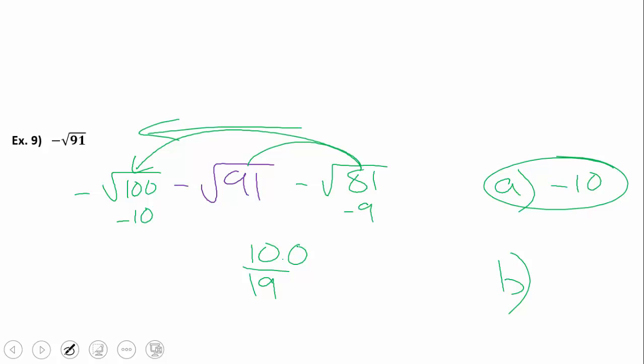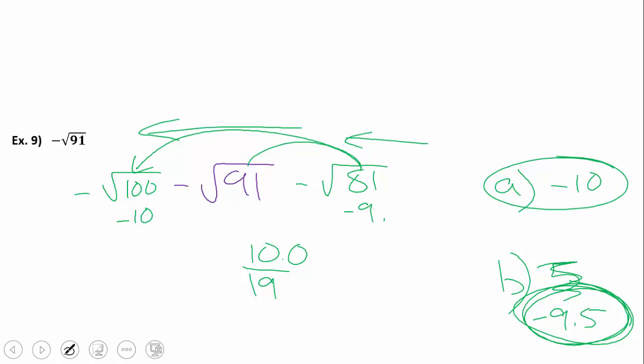Well, 20 goes into 100 5 times, so it's approximately negative 9.5. Okay, so negative 9 going in this direction, and then it's got to be 9 point something. I didn't write that down, but I should have. Negative 9.5. It's slightly more. It's slightly more than 9.5, but again, we're approximating to the nearest tenth.